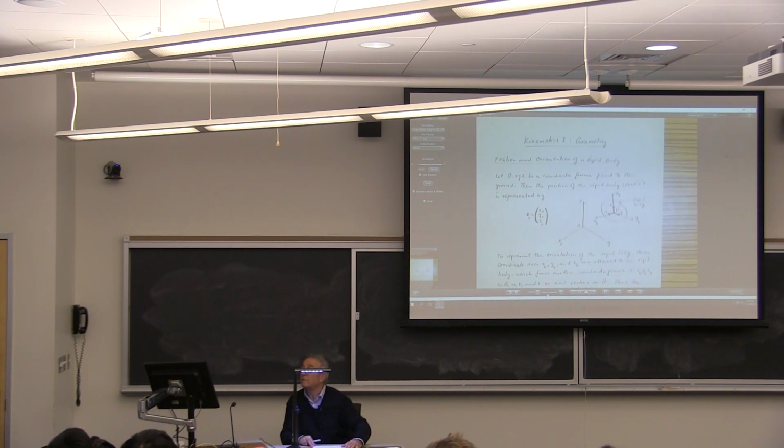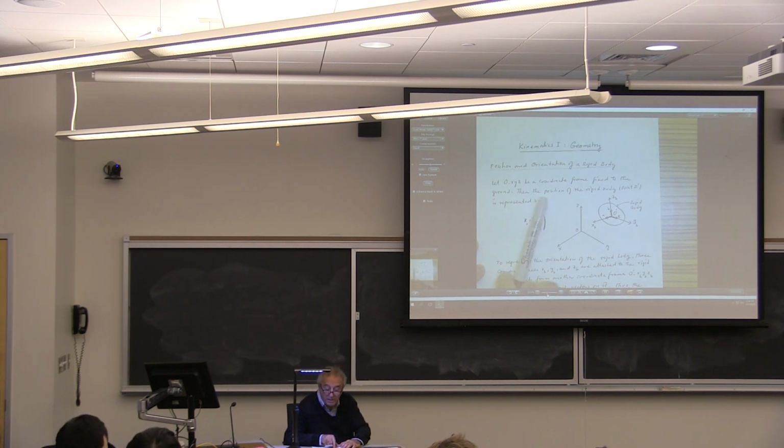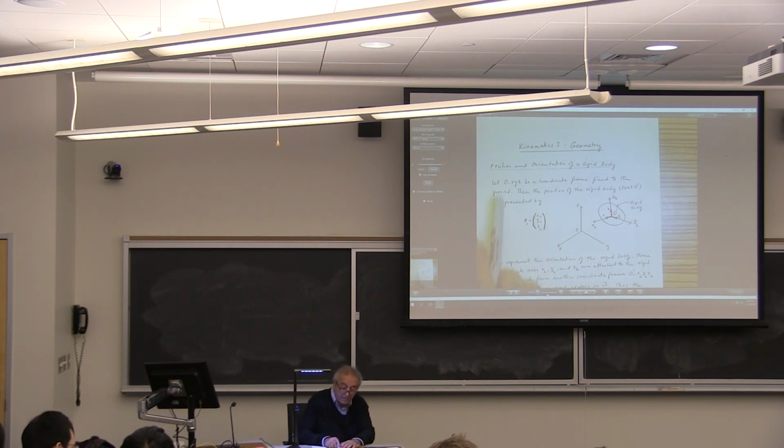Is it readable? So position and orientation of a rigid body. That's why I don't want to write all of this, because it's going to be very boring. I write it, but then after that I show you only through the pictures in a separate page what happens with the derivation. Okay? So let us take a look at this.